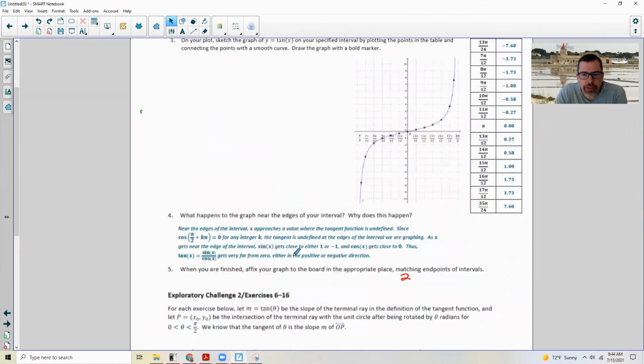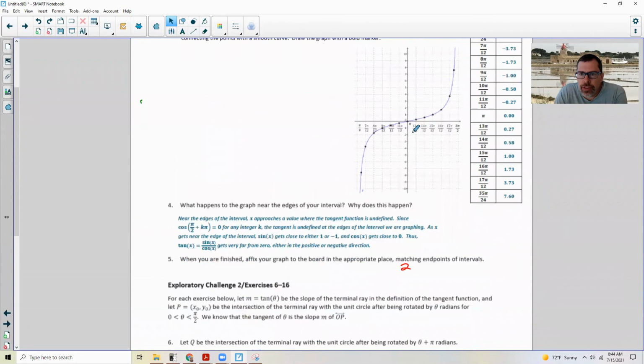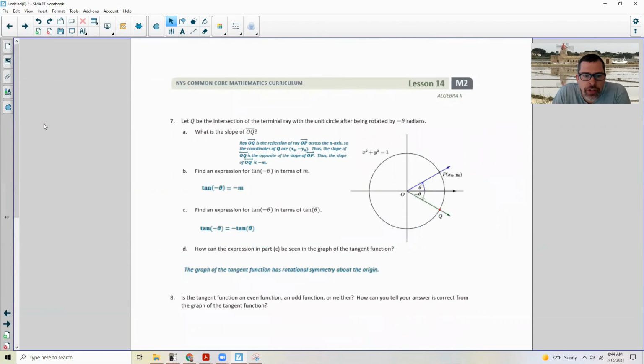I think I might have deleted it. Oh, it's right here. So if it got reflected across, there'd be a point here. If it were even, it'd be reflected across the y-axis. If it's odd, it's reflected across the origin. So tangent looks like it is an odd function.